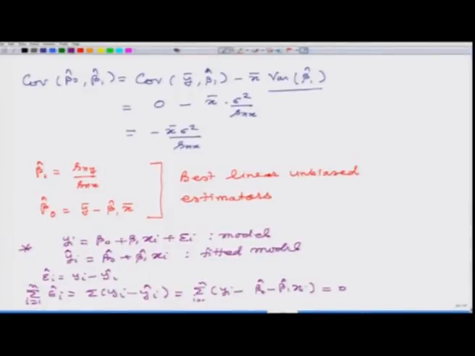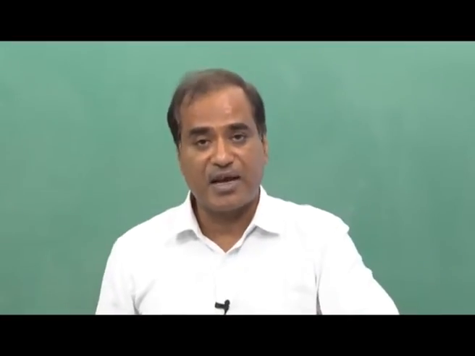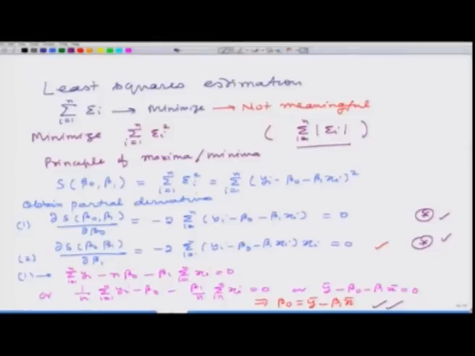But if you recall, when we obtained the normal equation after differentiating the function S of beta 0, beta 1, from the normal equation you can see that the summation of yi minus beta 0 minus beta 1 xi is equal to 0. And now, what are your beta 0 hat and beta 1 hat? They are the solution of these two equations.